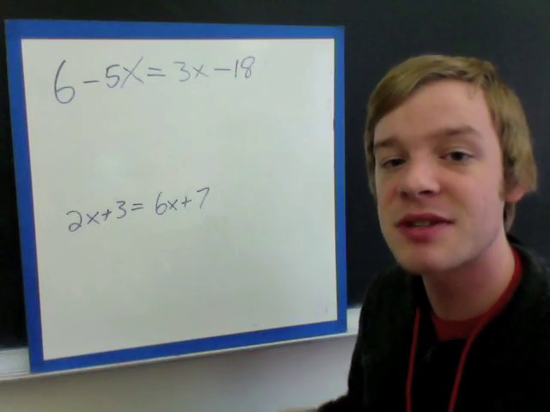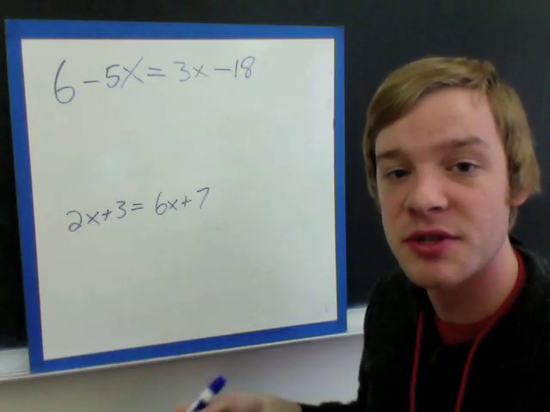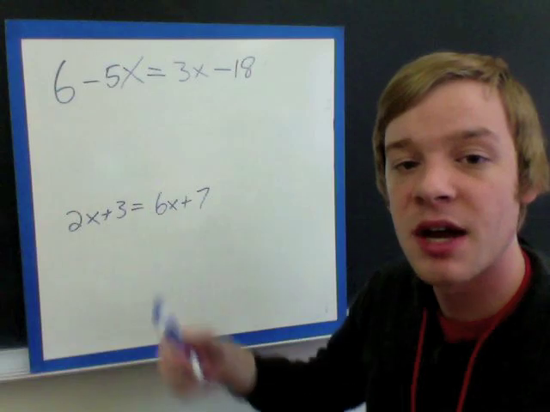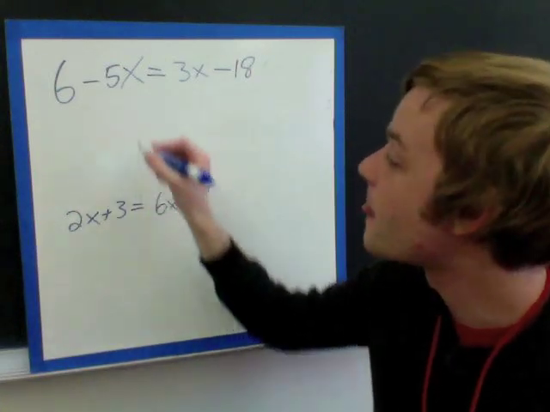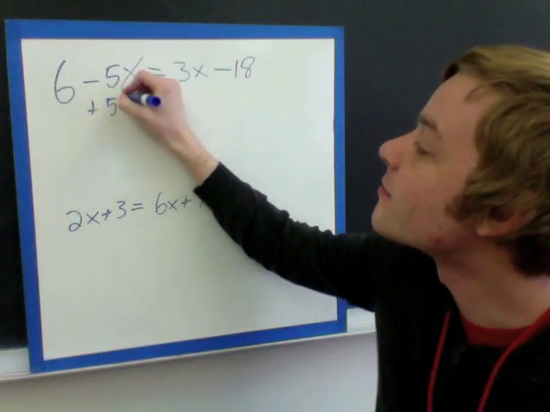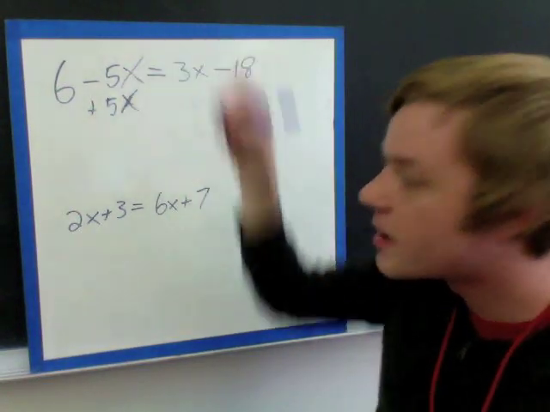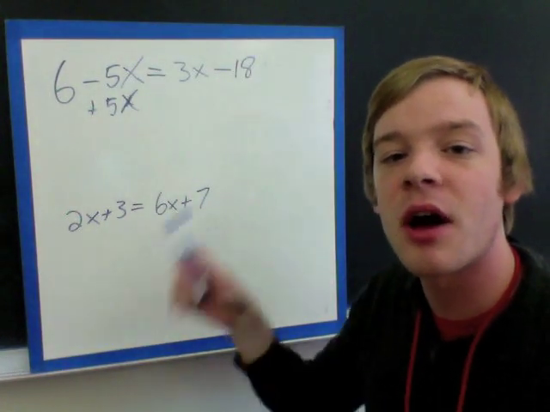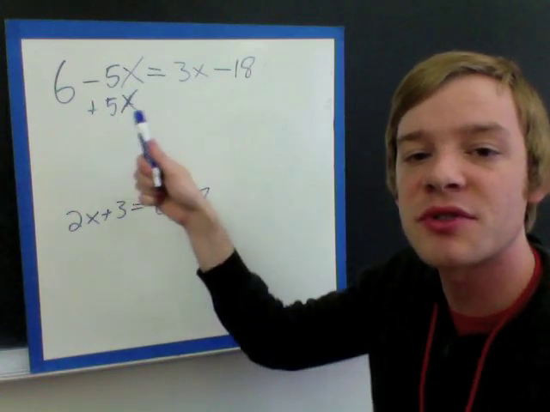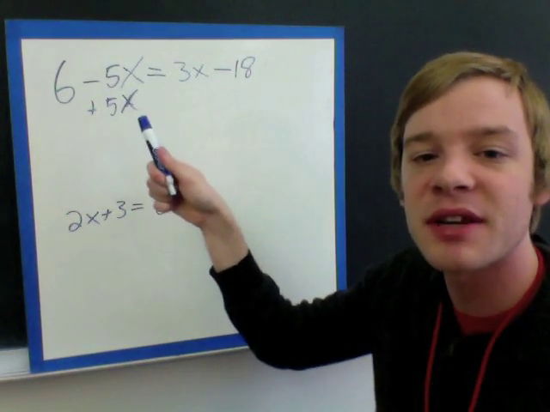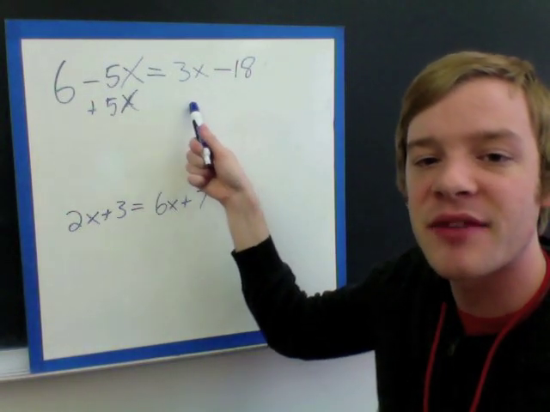I'm going to cancel this out using inverse operations. Since I have minus 5x, I'm just going to add 5x. Now I need to do the same thing on the other side of the equal sign. Since I added 5x here, I also need to add 5x here.